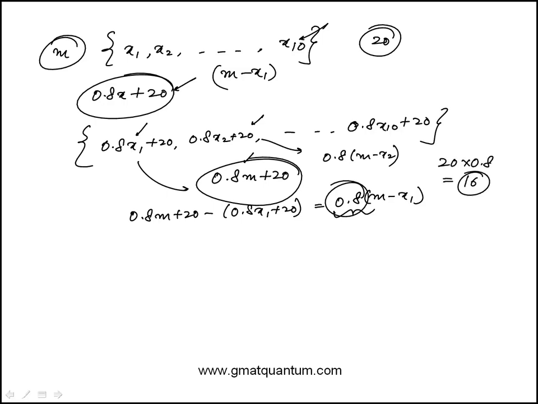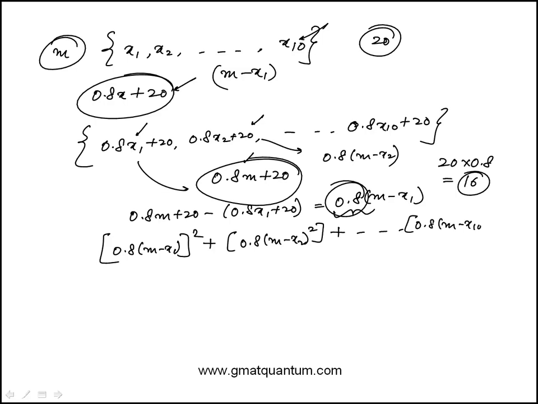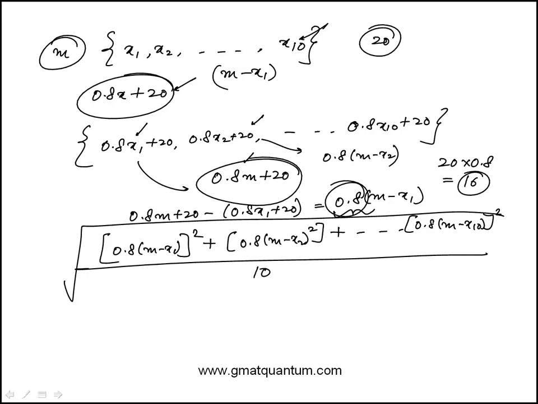If you want to see it a little bit more in the standard deviation formula, you would take this deviation and square it. You don't have to technically do any of this. And then you do that for all of these, divide by the number of terms, so 10, take the square root, and you'll see that the 0.8 squared will factor out.